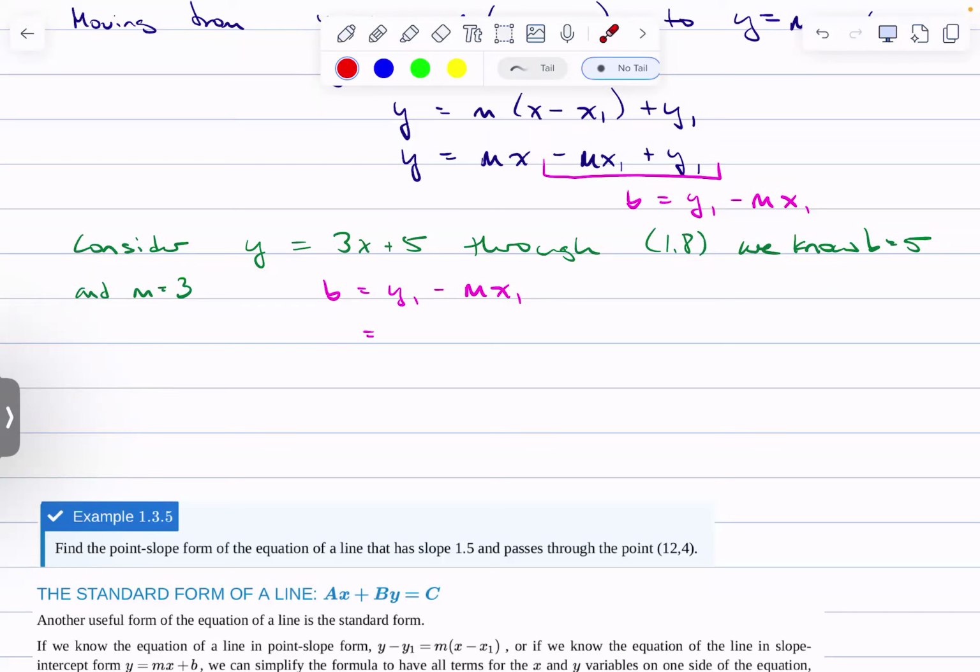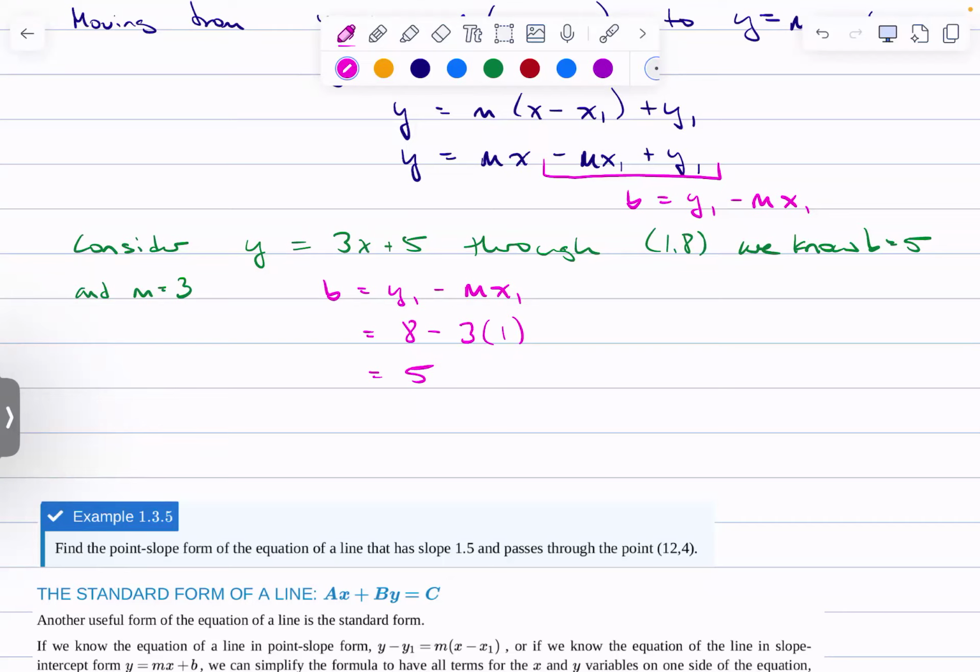So y1 in this case is 8. Minus m we had was 3 times 1. So 8 minus 3. So we knew that b was 5, but this is just another way that we could have gotten there.